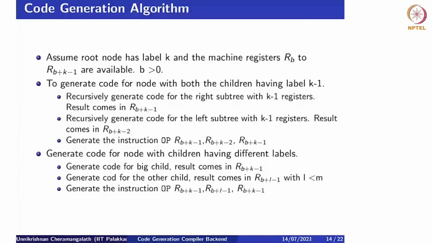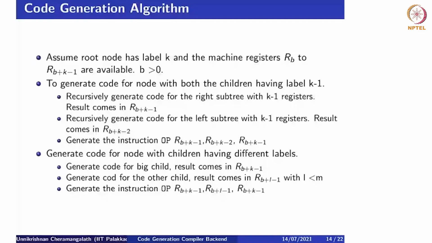Is that correct, or do we allocate new registers? Once you have evaluated one part of the child in one register, the result is available and the remaining registers can be used, because we have computed the value for that subtree. The registers used for the subtree are not that relevant. Only the top result register is relevant.